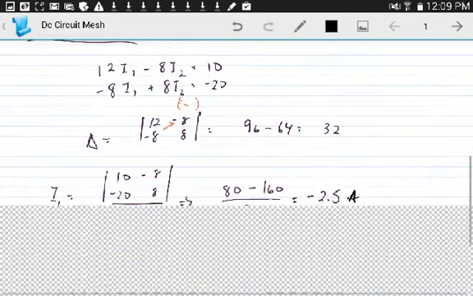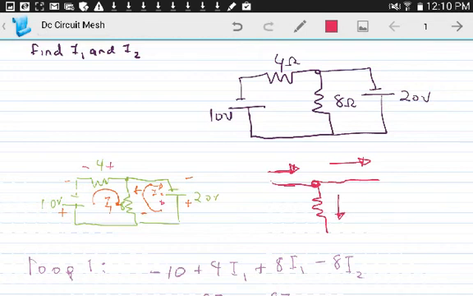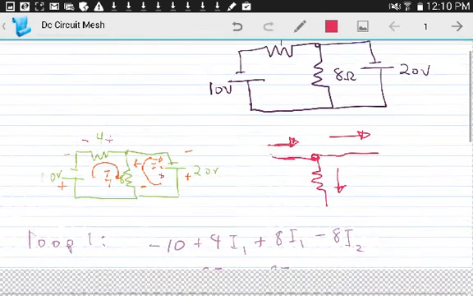If it asks you to solve the current in, for example, this node, you have to look into that node. I assigned my currents clockwise, so according to the 8 ohm resistor, I1 is entering that node, and I2 is going clockwise, so it's going away from that node.